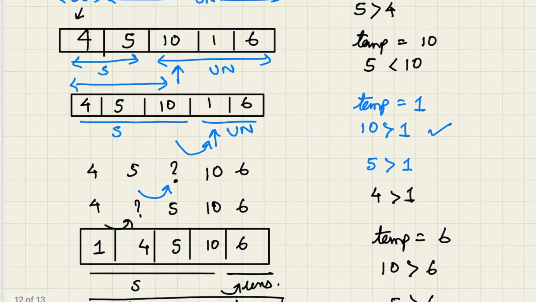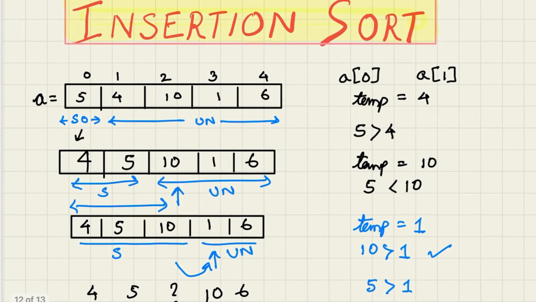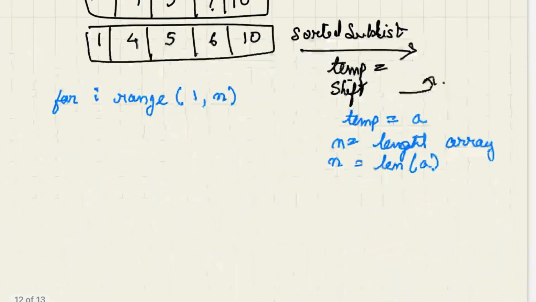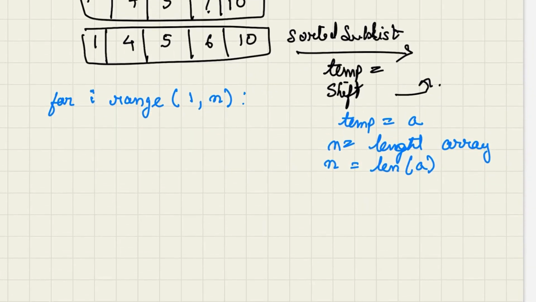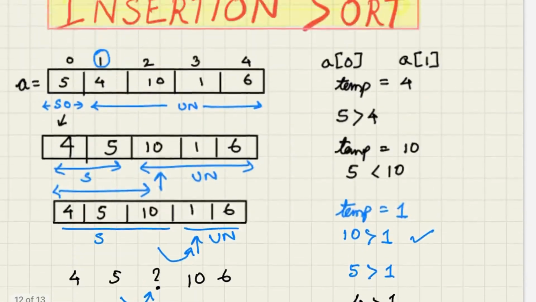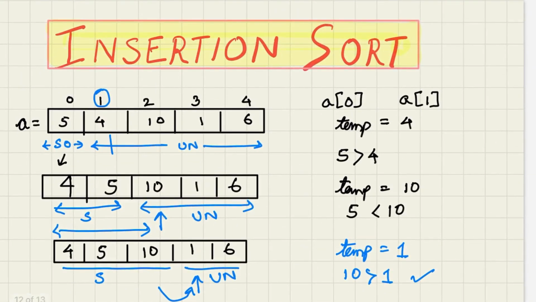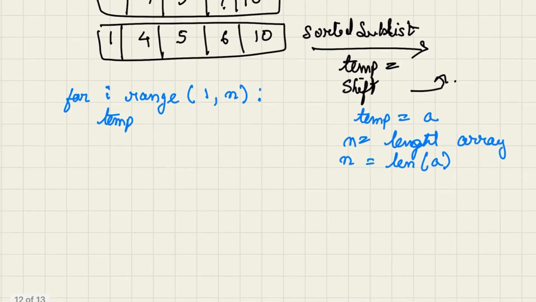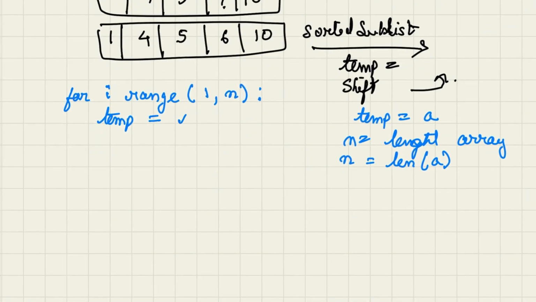And why I am starting with 1 is because I am treating the unsorted array from index 1. So for i in the range 1 to n, I will save this index 1 to my temporary location. That is, in my temporary location, I will be saving my A of i.